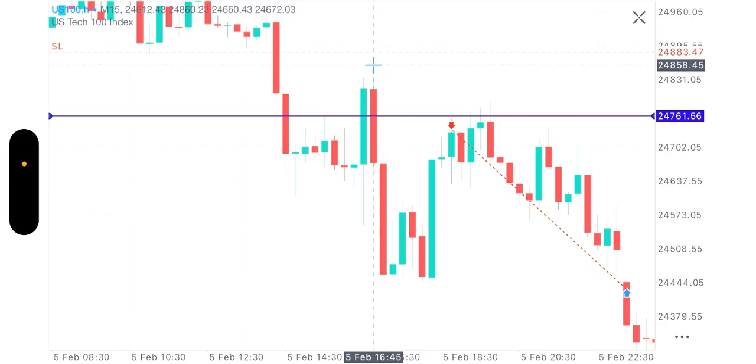Stop loss should be at the top of the bullish candle that actually raided the stop, that did the stop hunt. So stop loss should be here, and then we target 1 to 2.